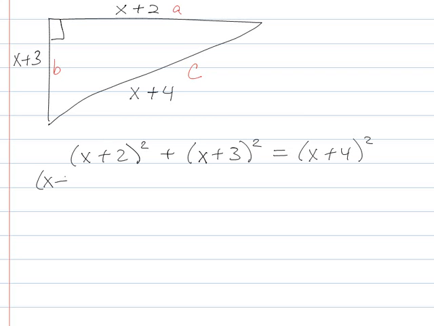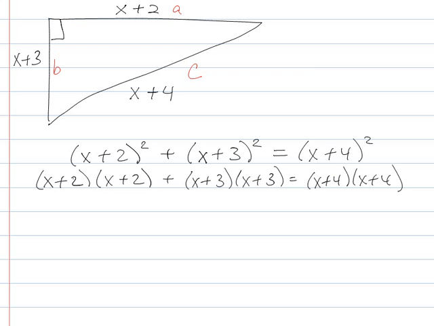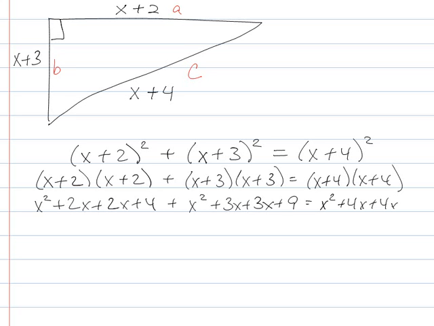I'm going to go ahead and write these out so they're a little bit easier to FOIL. You know, that's not a bad idea. Alright, so I'm going to first, outer, inner, last, for each of them.